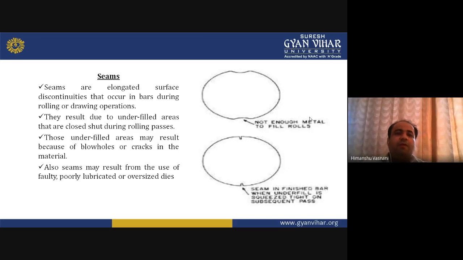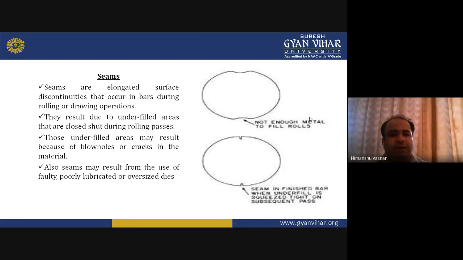Why does it happen? They result due to underfilled areas that are closed shut during processing. When some molten metal comes, these areas react, and some amount of reaction is released.